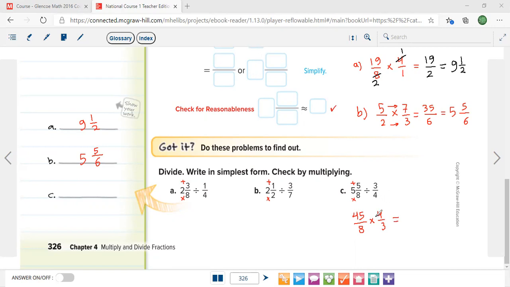Divide by 4 will give you 1. Divide by 4 will give you 2. Also, there is cancellation between the 45 and the 3. Divide by 3 will give you 1. Divide by 3 will give you 15. So it will be 15 over 2, which means 7.5.